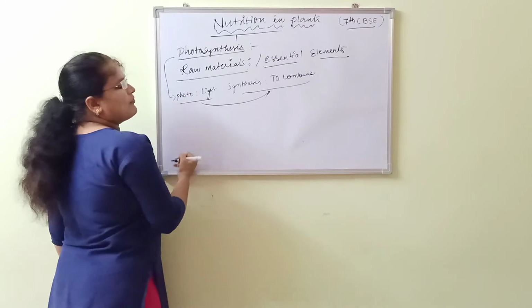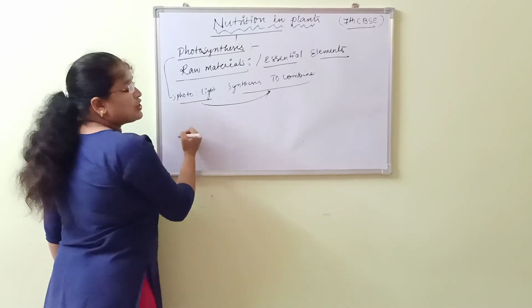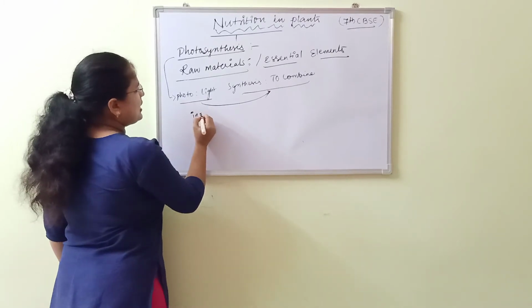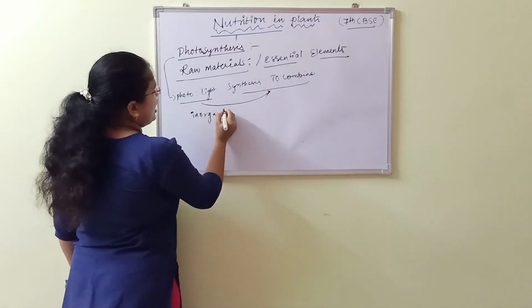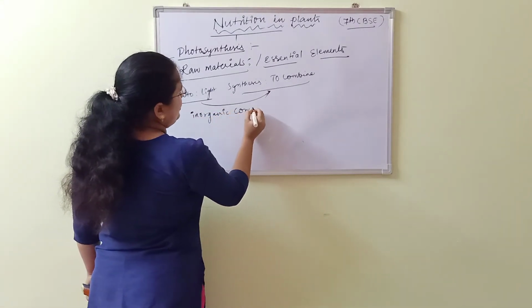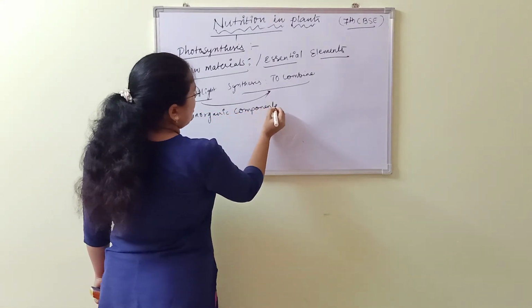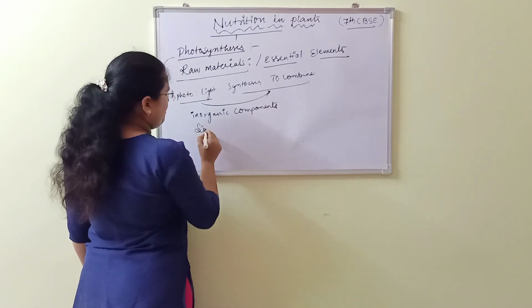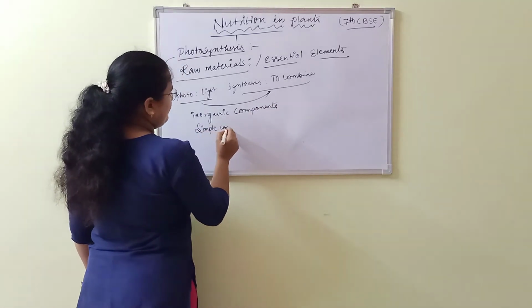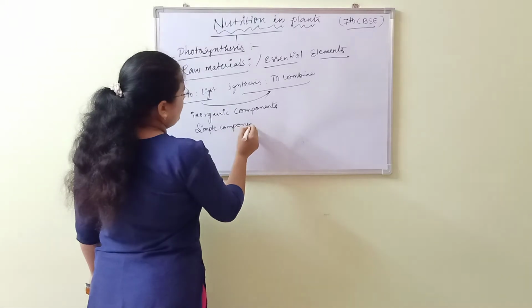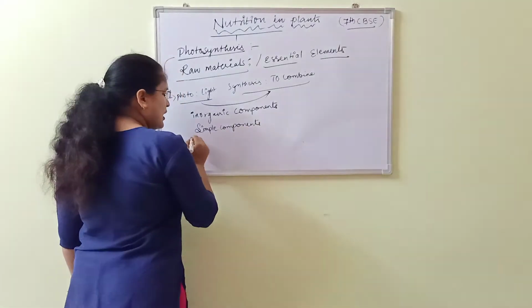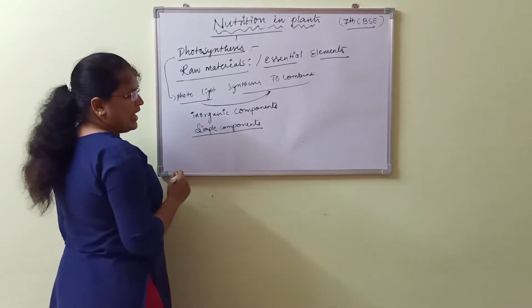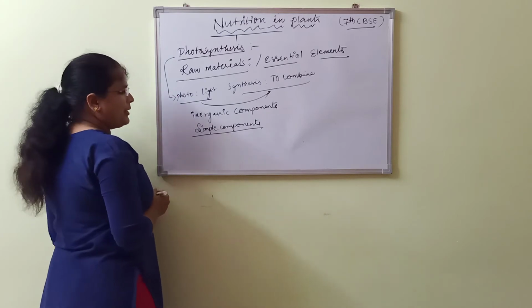In presence of the light, a combination of inorganic components, which are nothing but very simple components, are combining in presence of the light as well as the chlorophyll pigment.